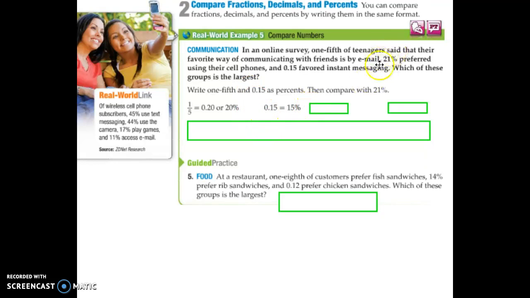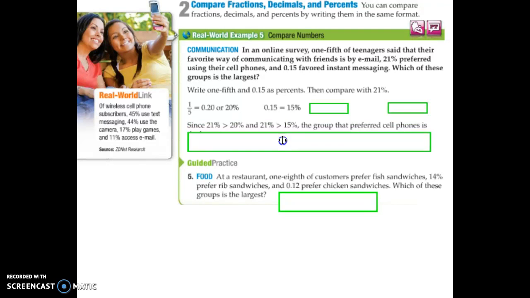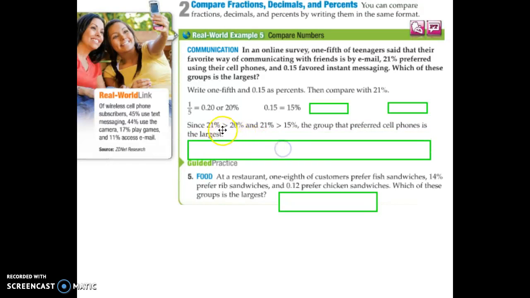Pretty easy to see when they're all the same type. If they're all decimals, it'd be the same way. Usually we don't turn them into fractions because it takes a little more work. With decimals, you just have to divide. So I usually do decimals, but if you want percents, that also works. But yeah, 21 is the largest out of those.